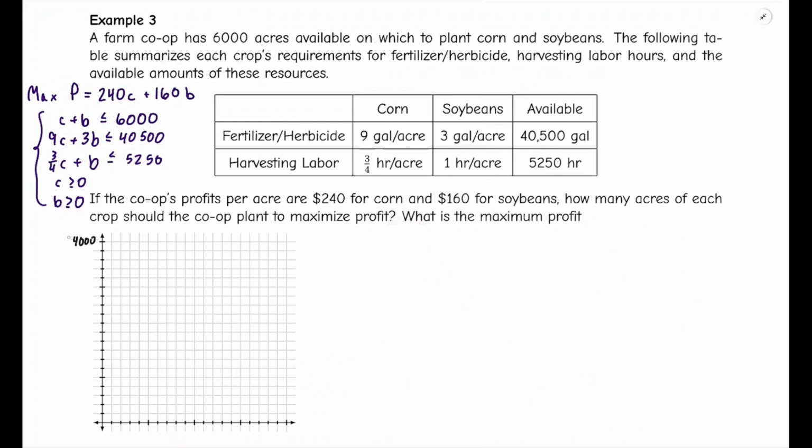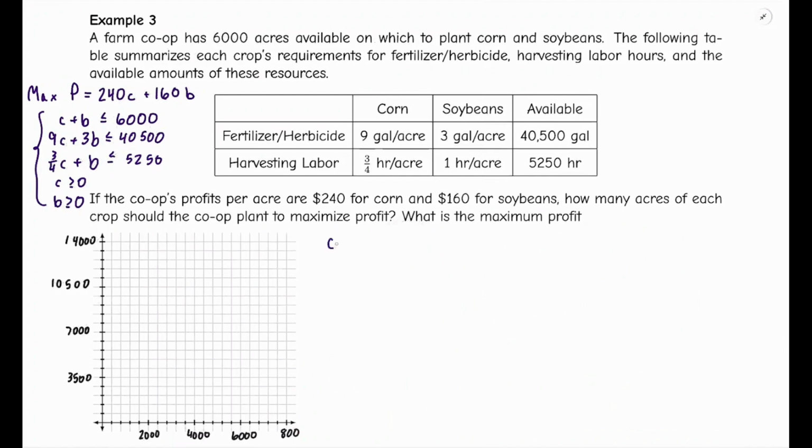We're going to go to 14,000 on the y-axis, and then we're going to go to 8,000 on the x-axis, or the c-axis, I guess I should be calling it. So there's my axes. Now I'm going to graph my boundary lines.